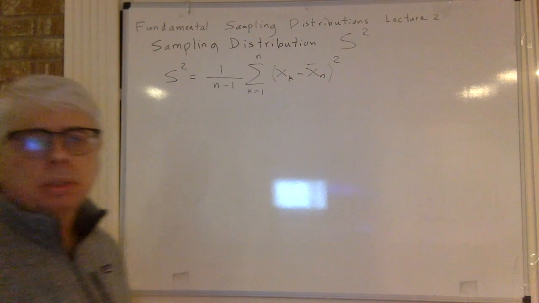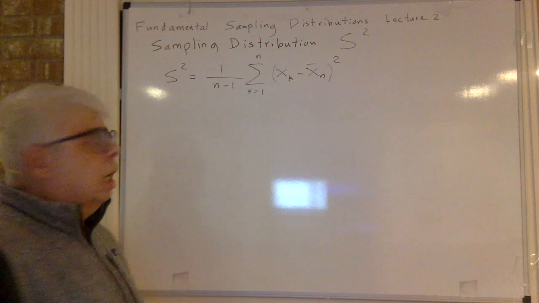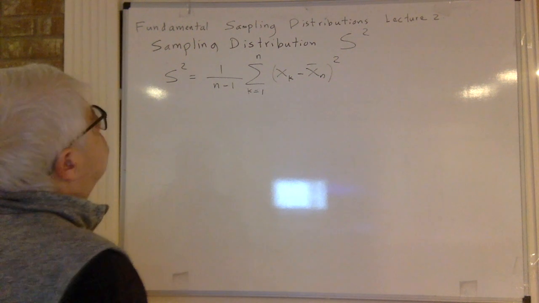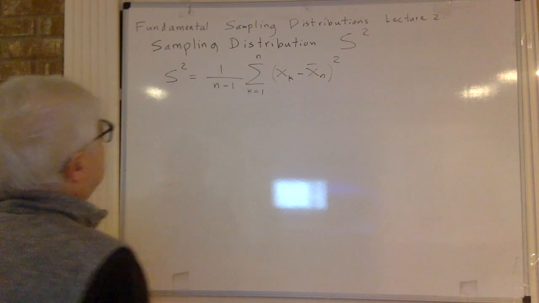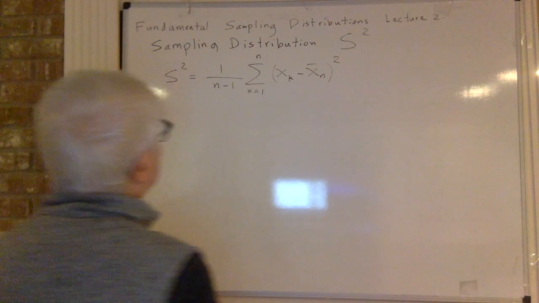Okay, so that is the sample variance, so we need the sampling distribution of this thing.